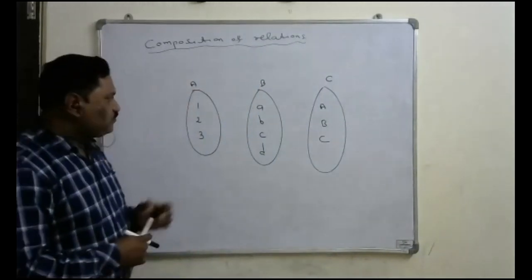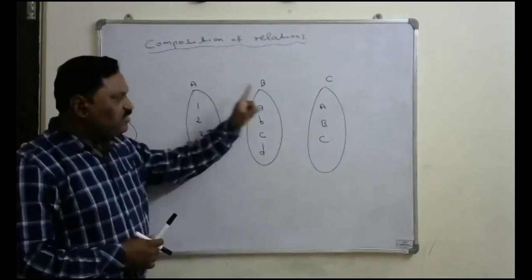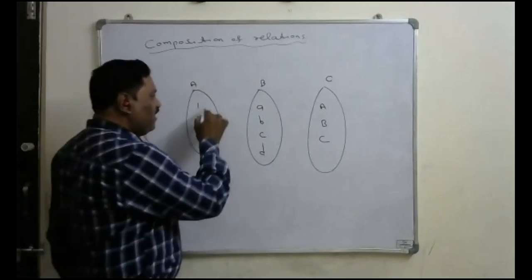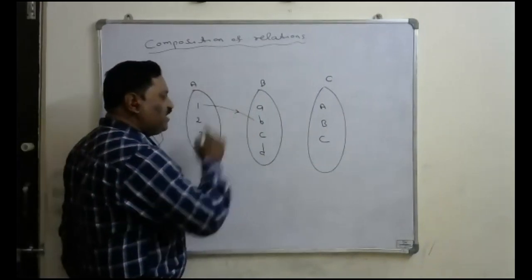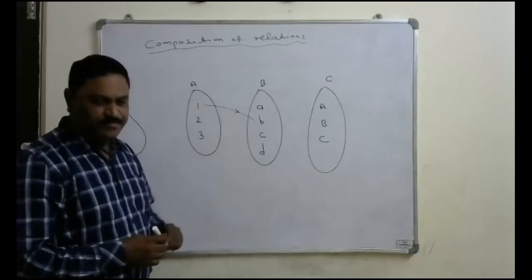Suppose one member of the family A is married with one member of the family B, then automatically a relation will happen between A and B.